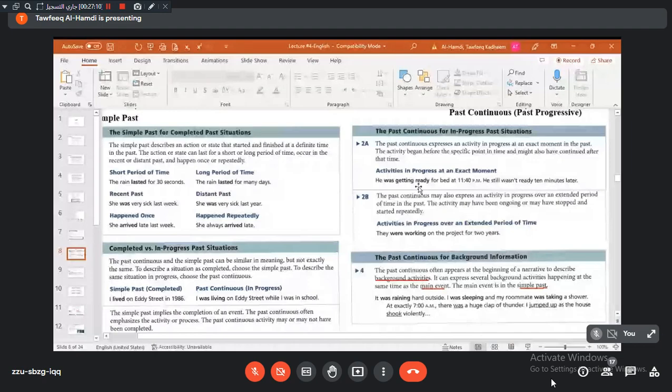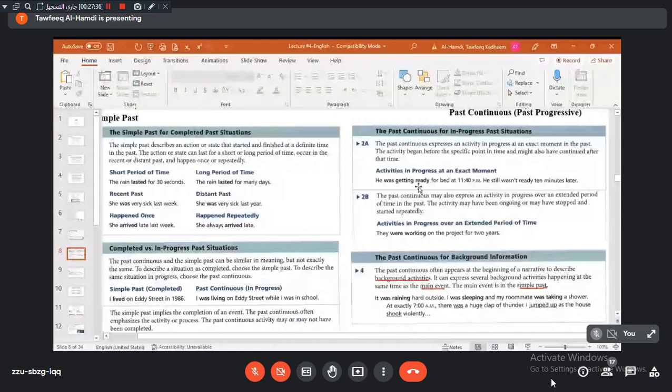So, just to sum up using the past continuous, the first situation in which I can use the past continuous is when I'm talking about an action or activity in progress at an exact moment in the past.